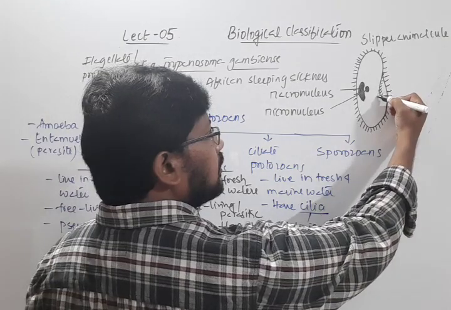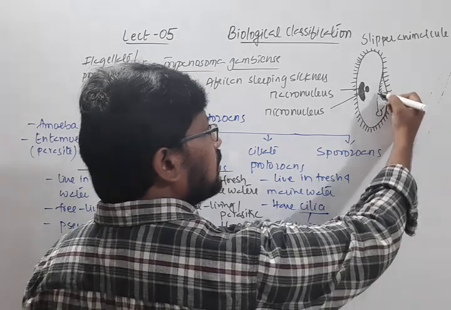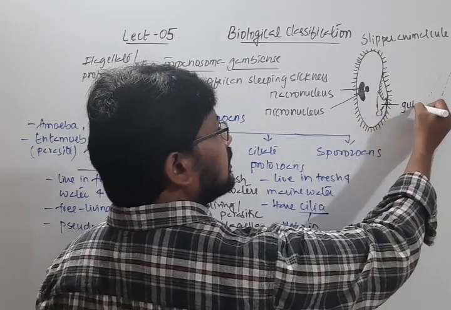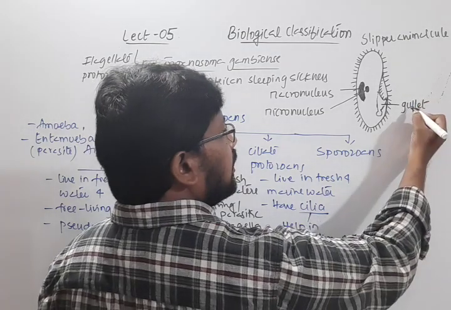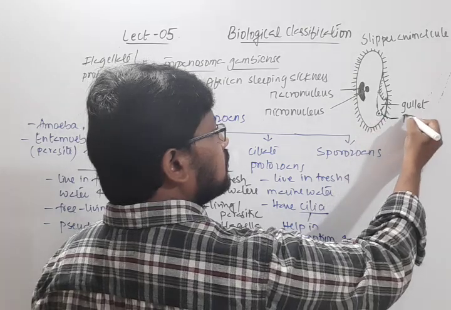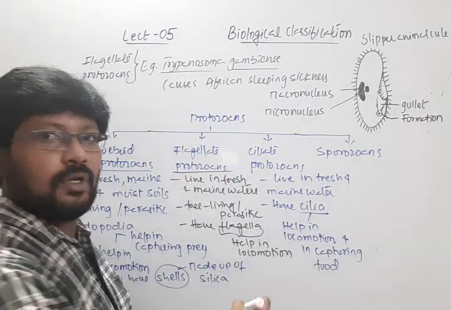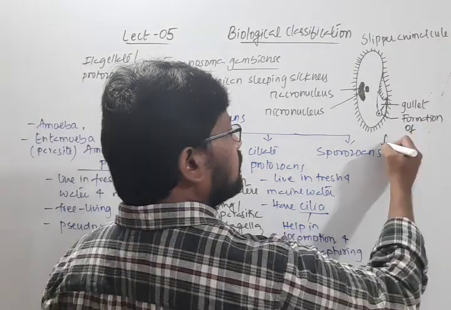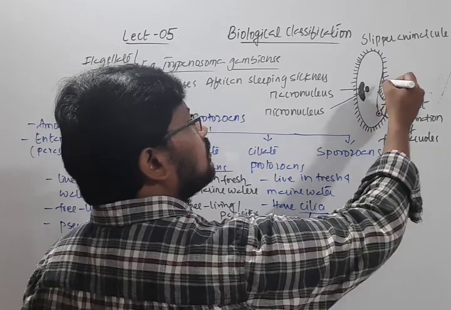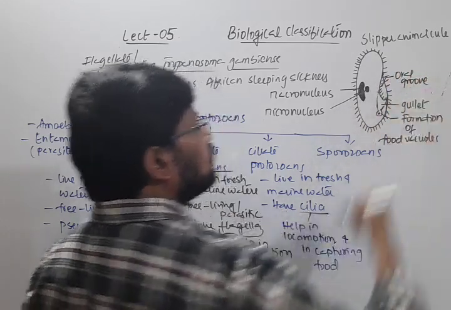So this is the gullet, and you can see here the formation of food vacuole.